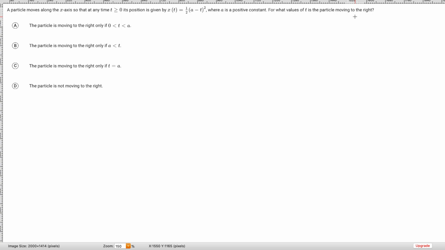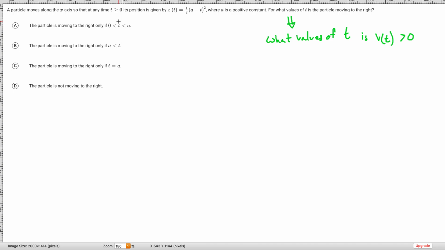Now, we could reinterpret this question so it just simply says, for what values of t is the velocity positive, right? For what values of t is v of t greater than 0?